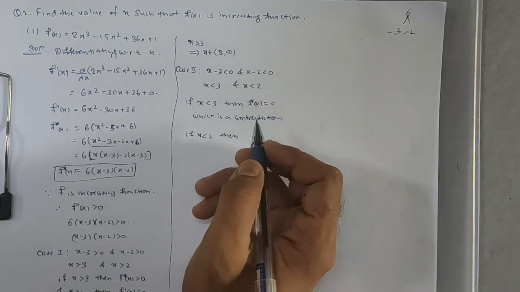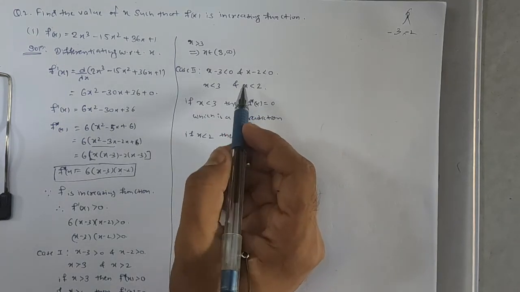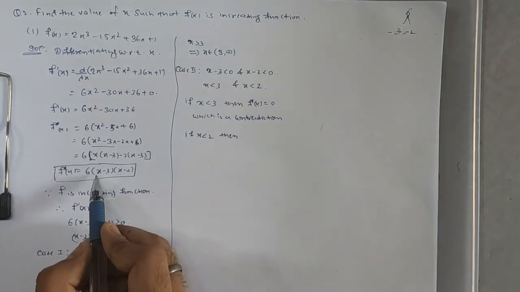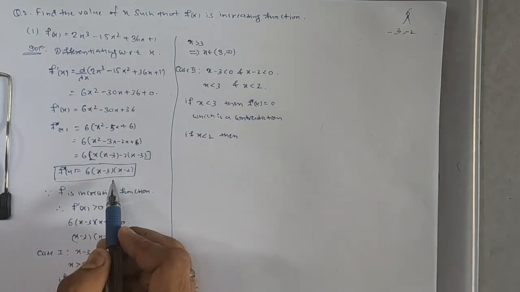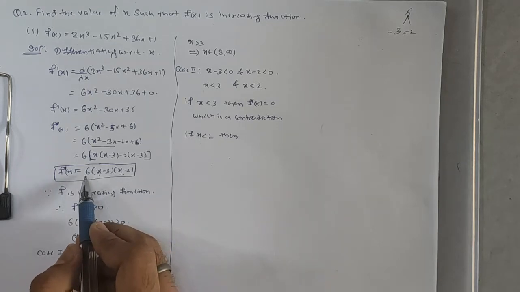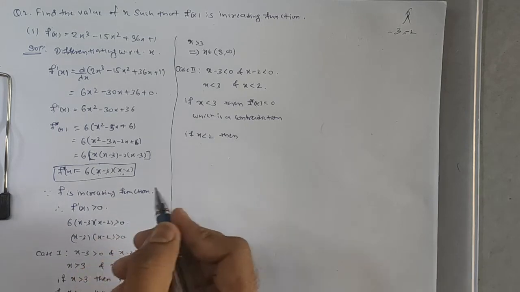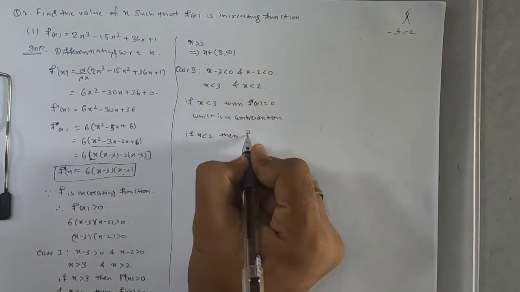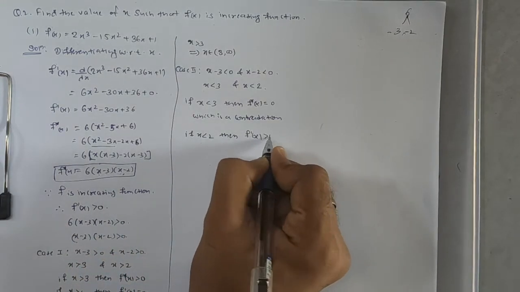If x is less than 2, say 1, so we will put here 1. So 1 minus 3, 1 minus 2, minus 1, minus 1 minus 2, plus 2 into 6, 12, which is positive.